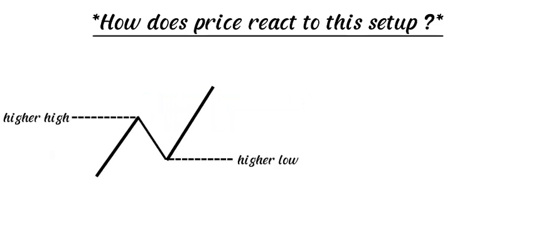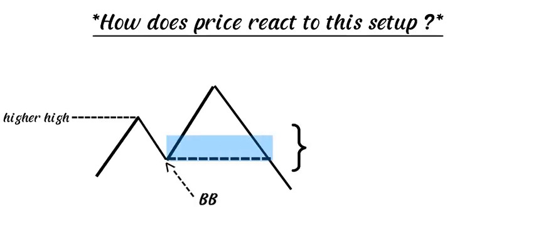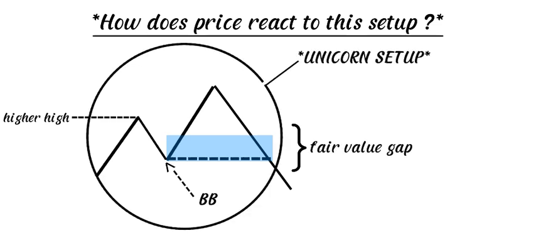Similarly, when price creates a higher low, and then breaks the higher low, traders expect buying to continue. But if price neglects the higher low and breaks it, the order block there becomes a breaker block. Now, when this breaker block overlaps with a fair value gap, we have a unicorn setup. Since institutions act aggressively on fair value gaps, combining it with a breaker block creates a high probability trade zone.